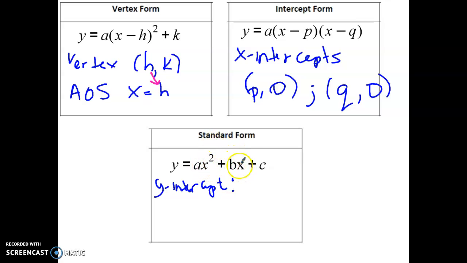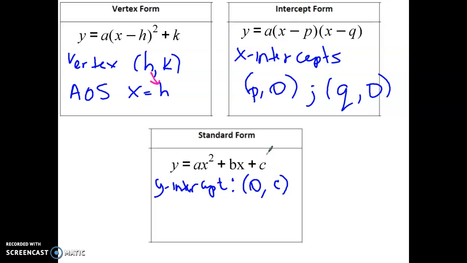So if I put in 0 for both my x's, this one is going to become a 0, and this one is going to become a 0. 0 plus 0 plus c is c. So every time the y-intercept is going to be this value. And if you write that as a point, the x value is 0, the y value is c. It's whatever this constant is here on the end.